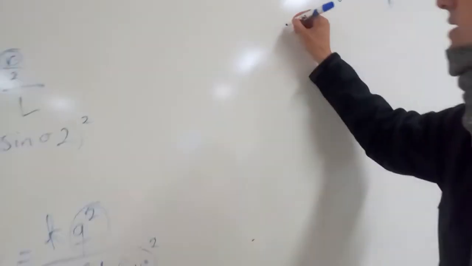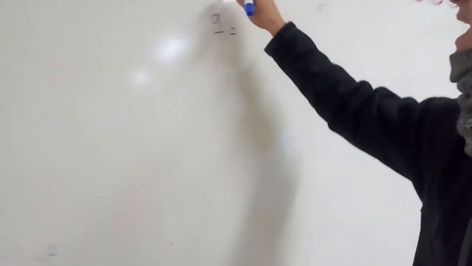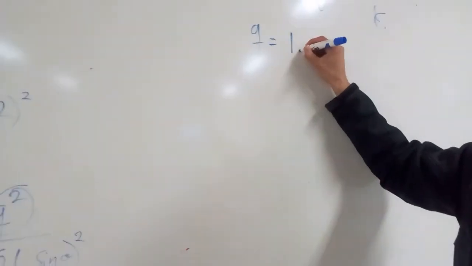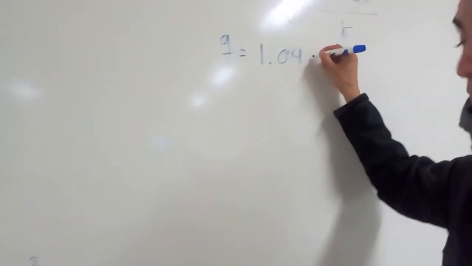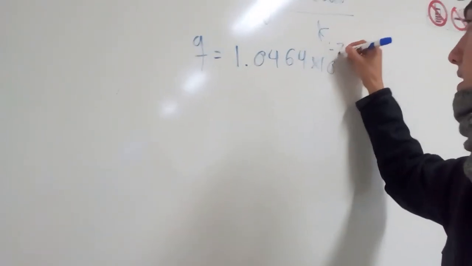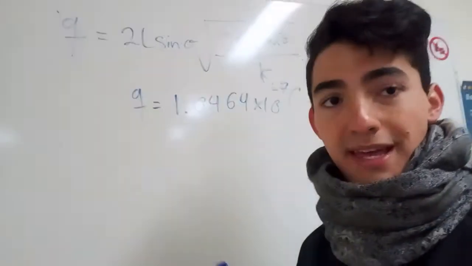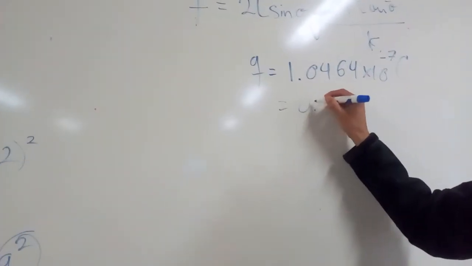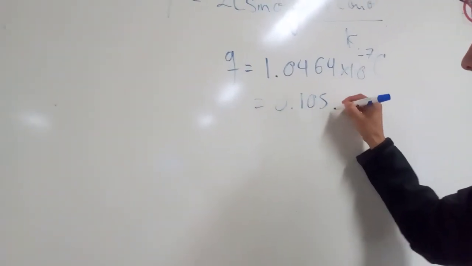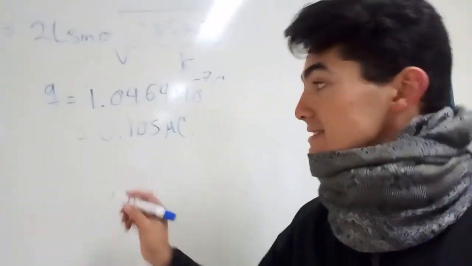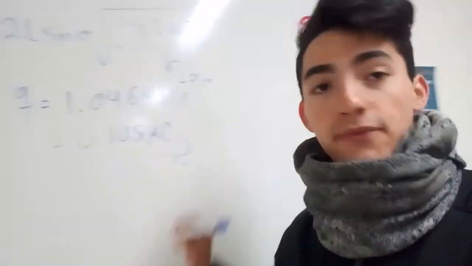Then as we substitute our values and calculate, we obtain that the value of the charge is equal to 1.0464 times 10 to the minus 7 coulombs, which is the same as saying 0.105 microcoulombs. And this is the answer for the first quiz.